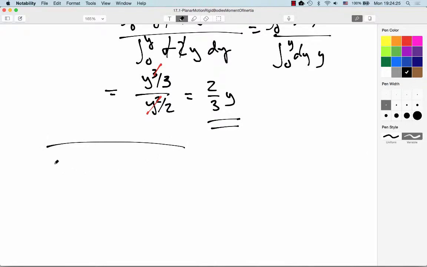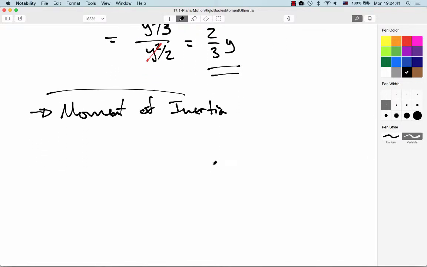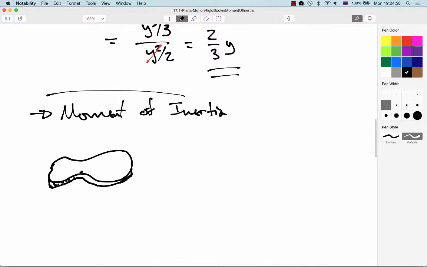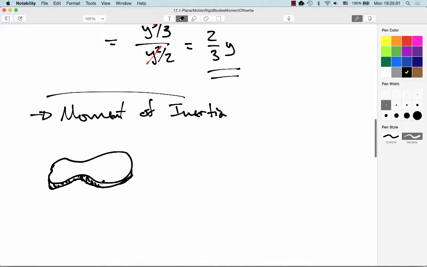Alright, so now let's go start building up the machinery for moments of inertia. Very roughly, we know that it tells us how hard it is to twist an object. So let's look at our thin lamina here. We'll make it some sort of a peanut shape, like so, and fill in the sides.